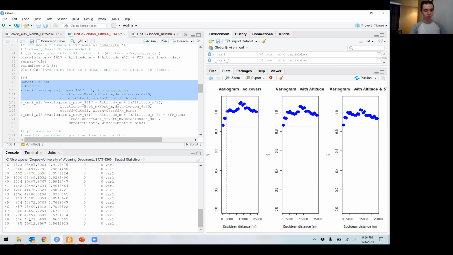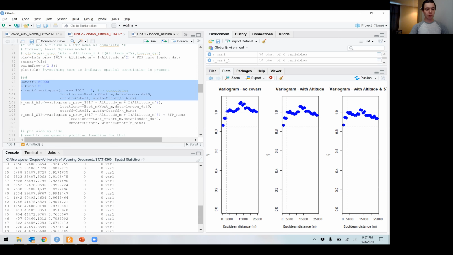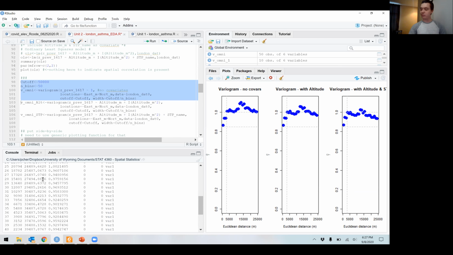When we are looking at 1 kilometer bins that are 50 kilometers apart, this is 49,400 meters apart, I'm down to 85 pairs. So that is why we want to cut it off well before we get into this noisy number of pairs world. And that happens, as I said, rule of thumb is about half to 0.75 of the total observed distance.